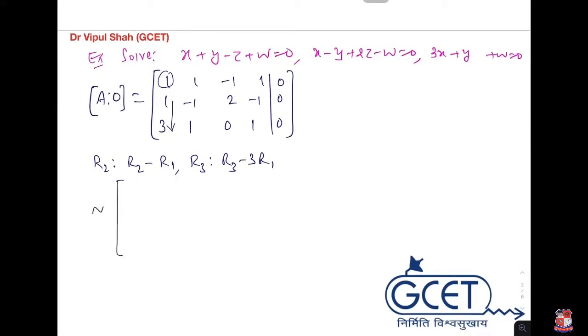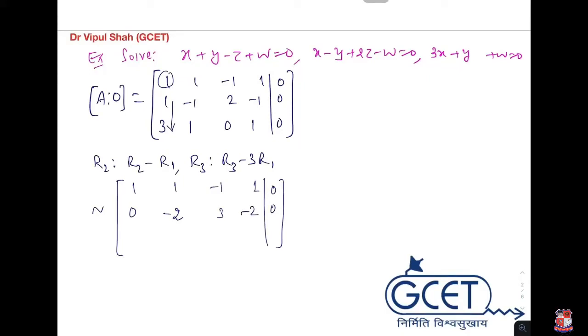So now this is 1 1 minus 1 1 0. Now this is R2 minus R1, so this is 0, then this is minus 2, minus 1, then this is 2 plus 1, so that is 3, then minus 1, so that is minus 2, 0.